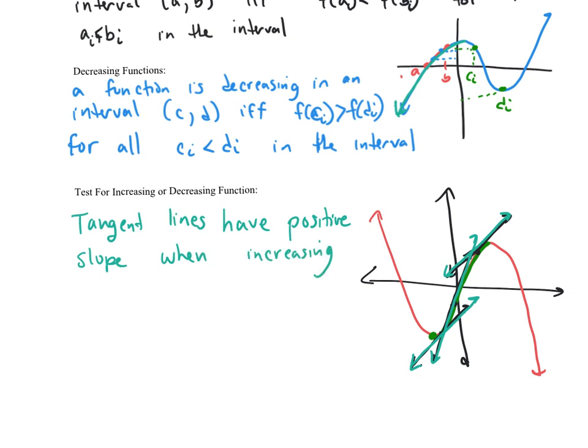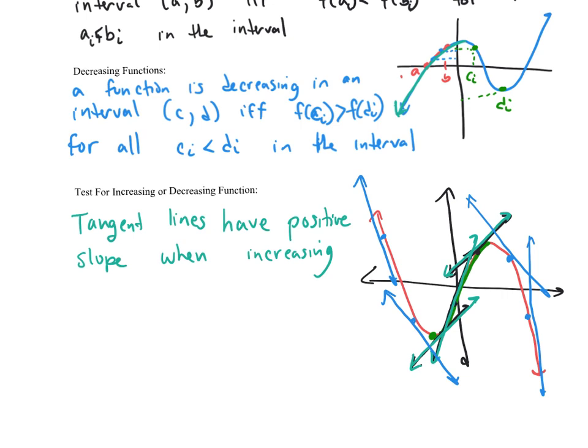If we look at when it's decreasing, not surprisingly, we see the opposite. If I look at a point here in the decreasing region, that tangent line is going down and has a negative slope. This tangent line has a negative slope too, because in these regions the graph is going down.